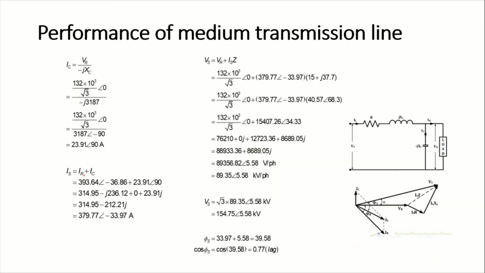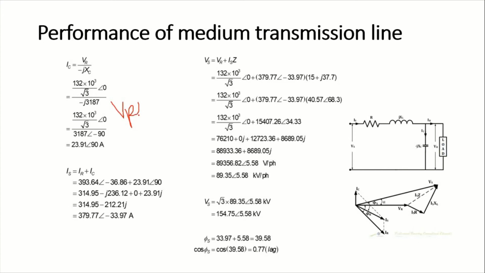IC is equal to VR by jXC. The value of VR is 132 into 10 raised to 3 divided by root 3, because the line voltage is given, so it must be converted into the phase voltage.